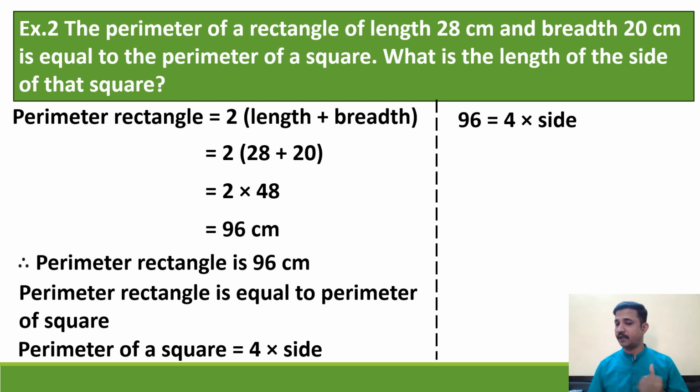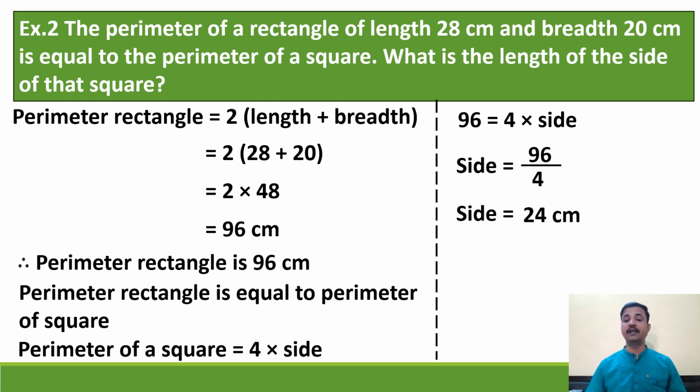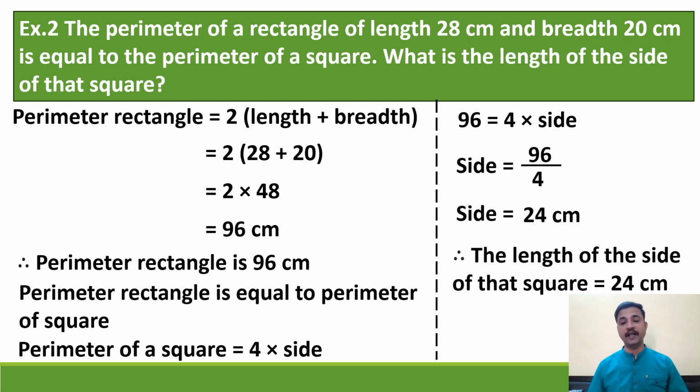So side equal to 96 divided by 4. 4 को लेफ्ट हैंड साइड में लेके जाएंगे, सो डिवाइड होगा. 4 से 96 को डिवाइड करो, 4 दूनी 8, remaining 16, 4 चौका 16, तो value is 24 centimeter. The length of the side of the square is 24 centimeter.